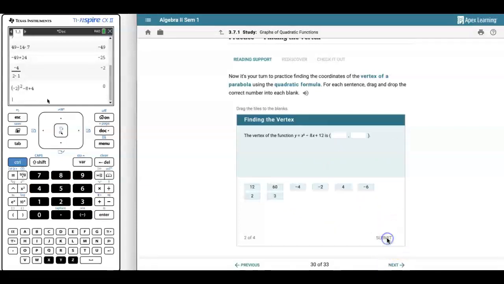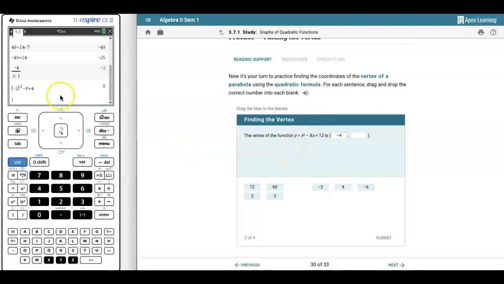So again, doing another one here, the vertex of the function. My x coordinate is going to be at that negative b over 2a. So negative b, so negative 8 divided by 2 times 1. So negative 8 divided by 2 is negative 4. Then I would plug negative 4 back in here.